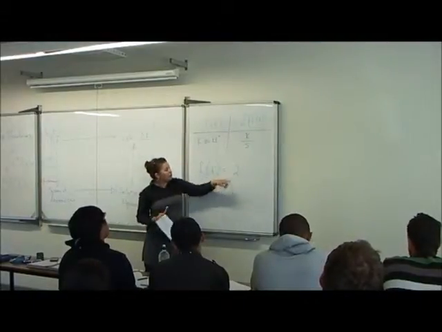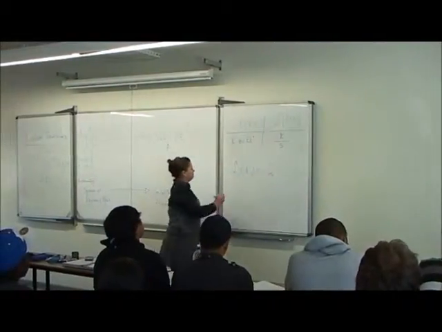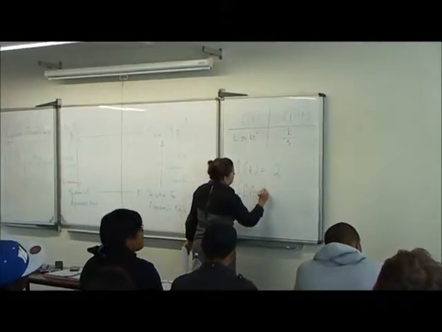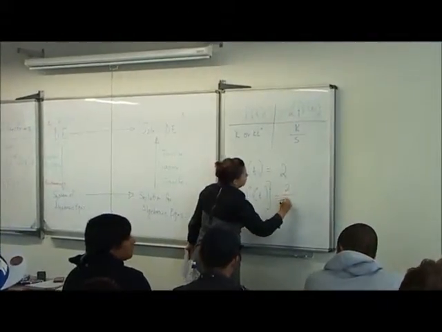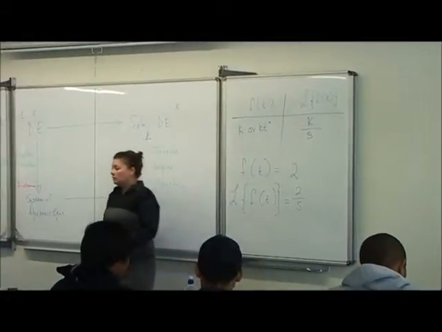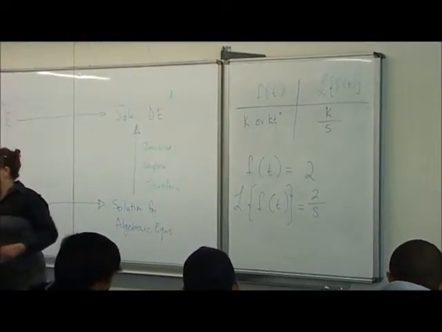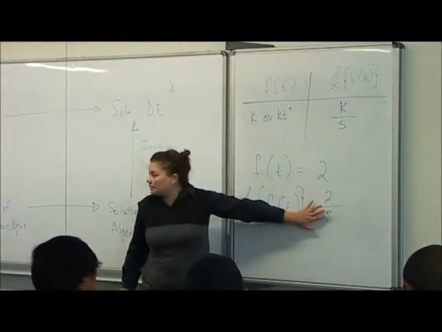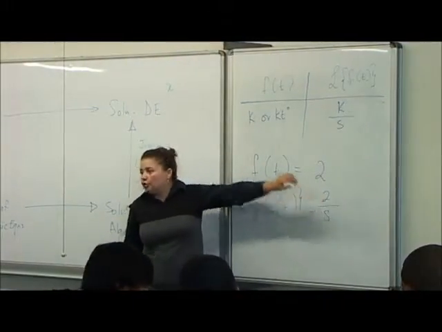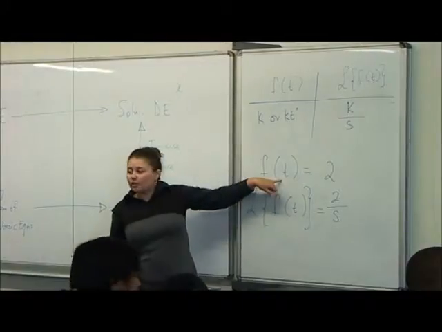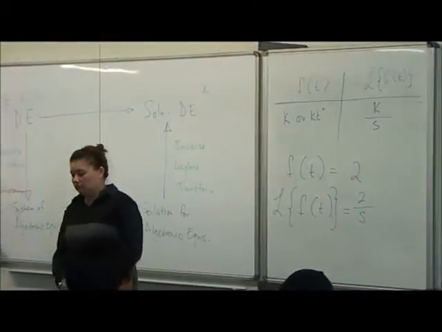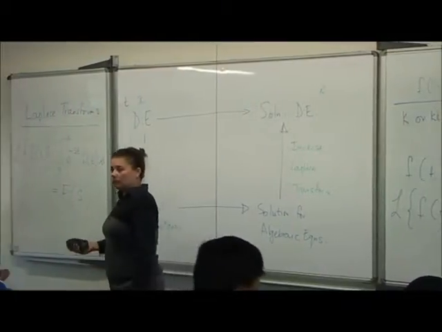So the transform of that is going to be 2 over s. So you've changed this function to 2 over s. You've moved from where t is your variable to where s is your variable. Okay?